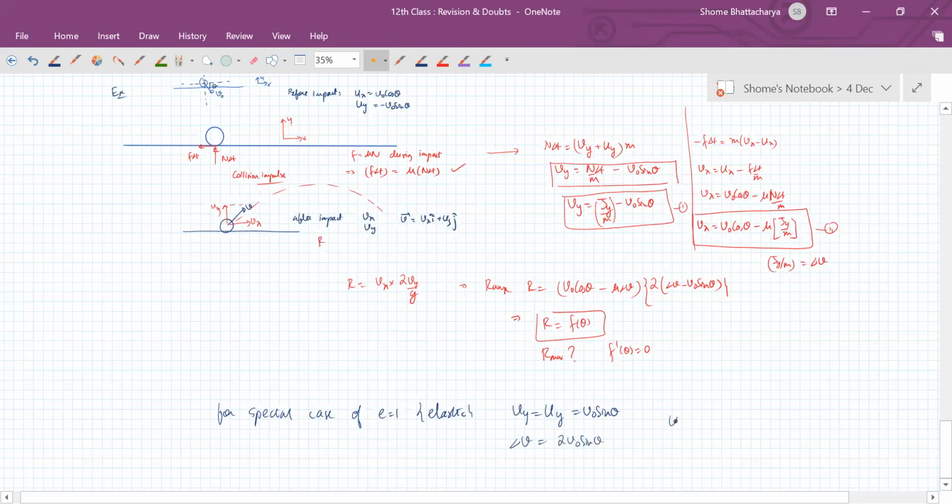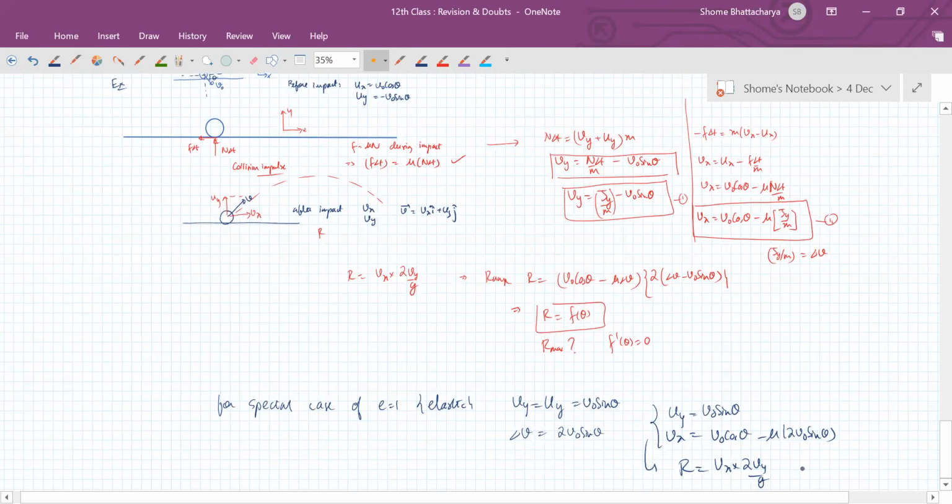So your vy will become v naught sine theta, and your vx will become v naught cos theta minus mu into delta v, that is, 2 v naught sine theta. So this is an easier thing now. The range, vx into 2 vy by g, is easier to handle compared to the expression above. But anyhow, it will give you the same kind of result.